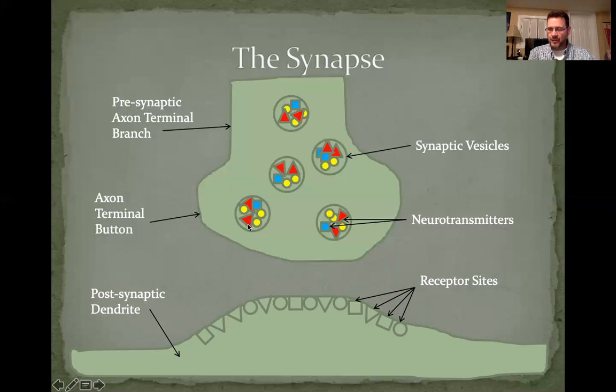But the triangles, dopamine, are only going to go into the dopamine receptors. And endorphins are only going to go into the endorphin receptors. The squaretonin can only make magic happen in the serotonin receptor sites.